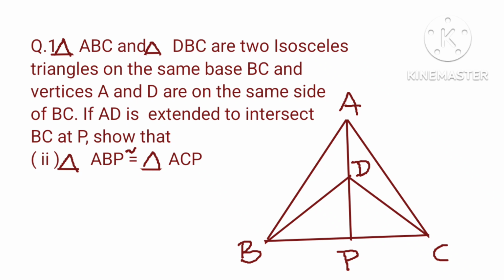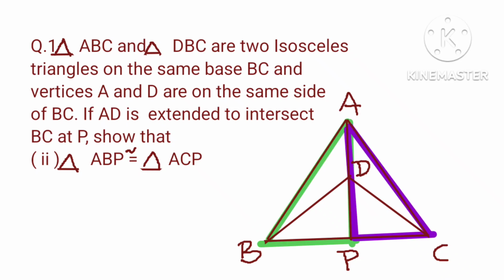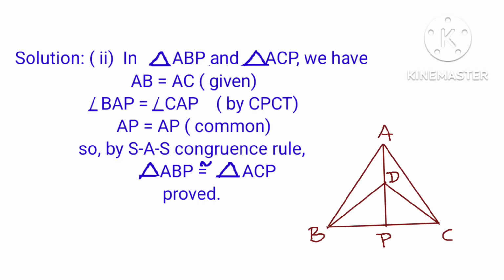The second part is: triangle ABP and triangle ACP are congruent. Solution. In triangle ABP and triangle ACP, we have AB is equal to AC, given. Angle BAP is equal to angle CAP by CPCT, since I have just proved triangle ABD and ACD are congruent.